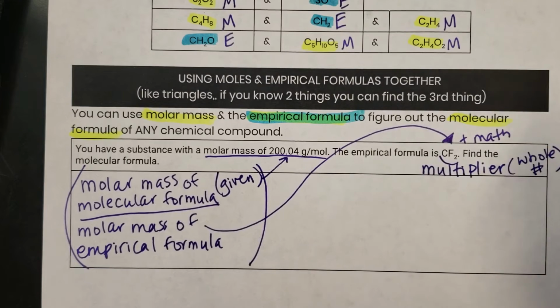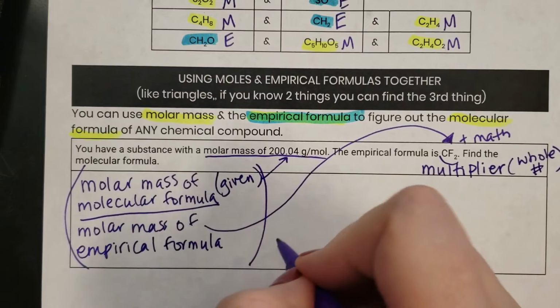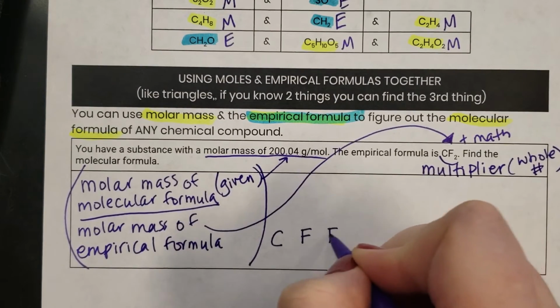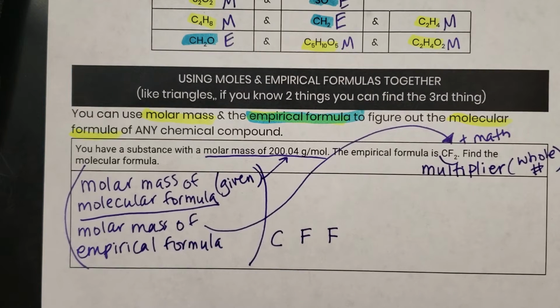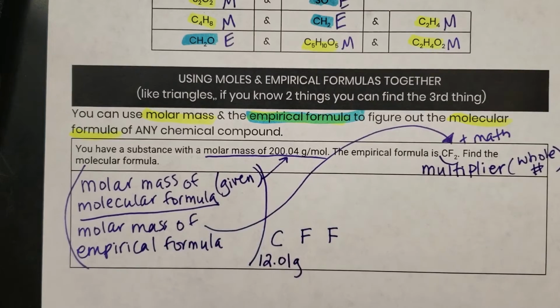So to find the molar mass of CF2, so we have C and then an F and an F, you need to find the molar mass of the element. And you do that by looking at your periodic table, looking at the atomic mass, and adding a G to the end. So for carbon, it is 12.01 atomic mass, so its molar mass is 12.01 grams.